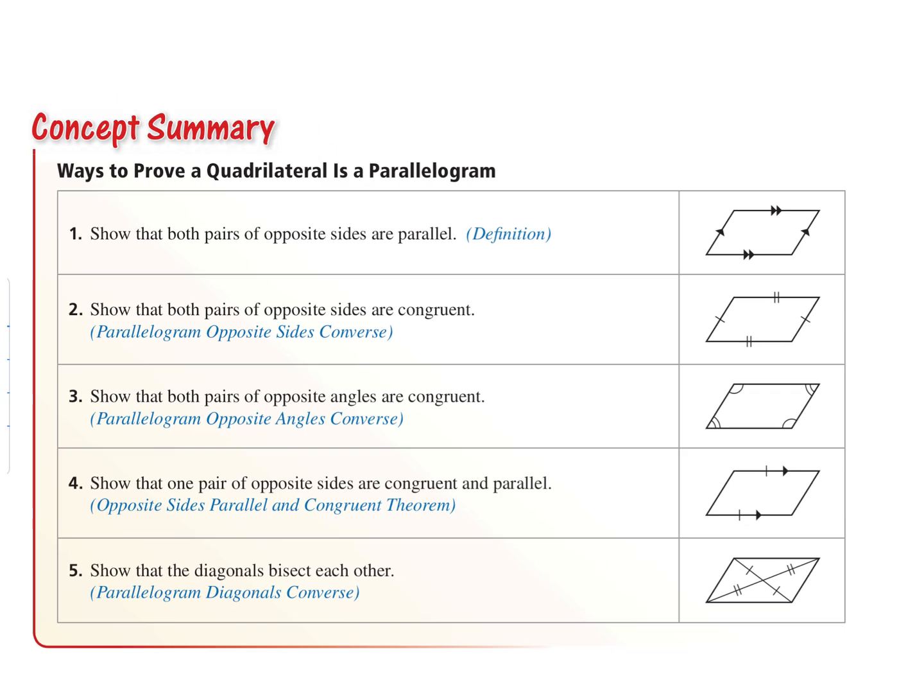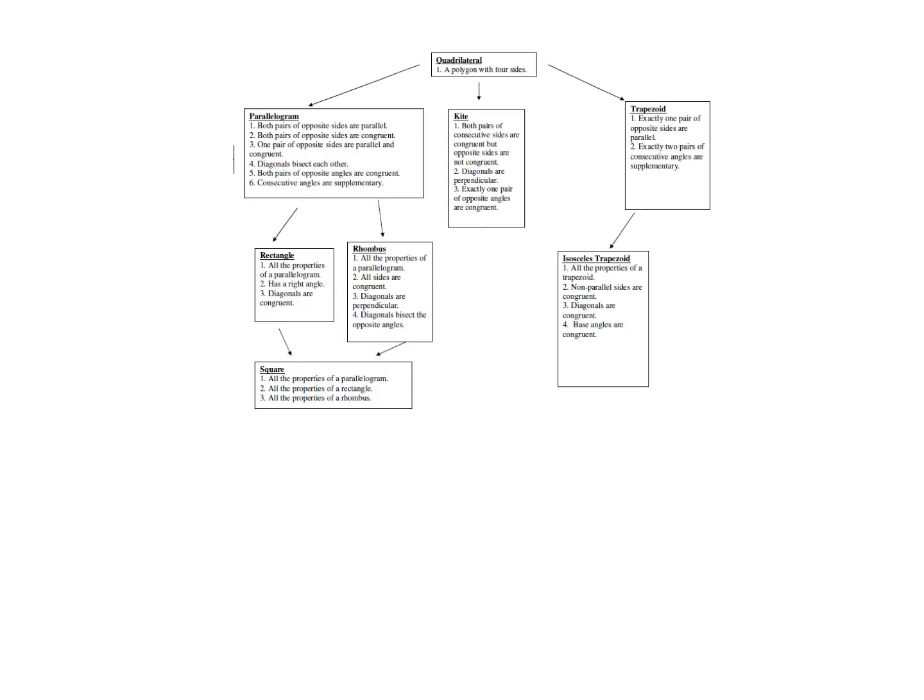For this one, you have the definition of a parallelogram: opposite sides are parallel. You have opposite sides, converse. These are the converse. Okay, you have parallelogram opposite sides, parallelogram opposite angles. Those are both converse right here. Okay, parallel and congruent theorem, and then diagonals converse. So again, you have to know what all of those are.